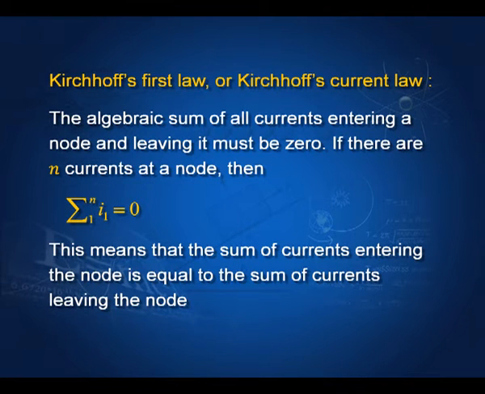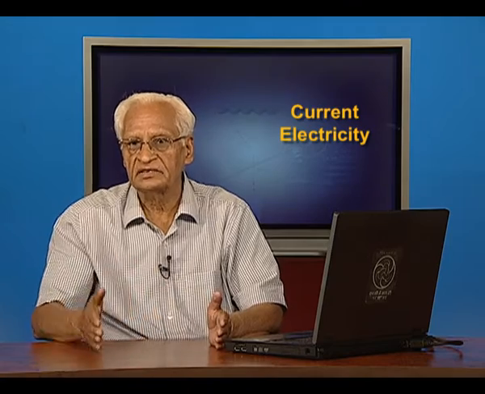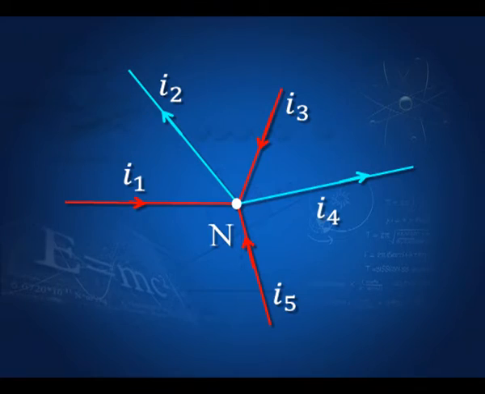It says that if there are n currents at a node, then the sum of these n currents must be equal to 0. I1 plus I2 plus I3 plus I4 must be equal to 0. To understand this, take this example. At this node, the currents coming in are I1, I3 and I5, and the currents leaving are I2 and I4.